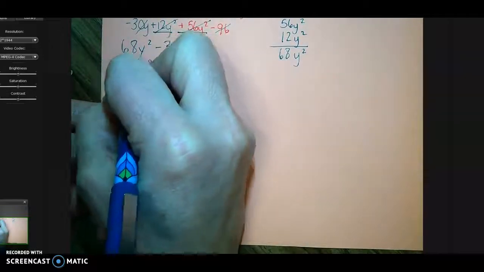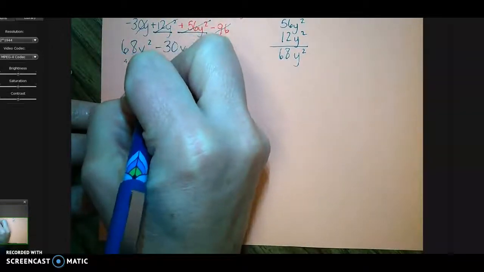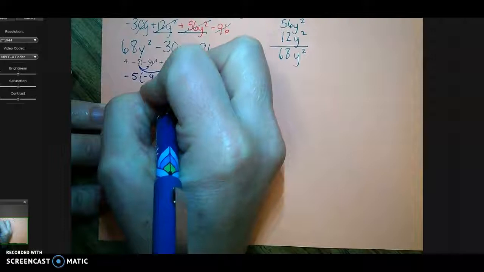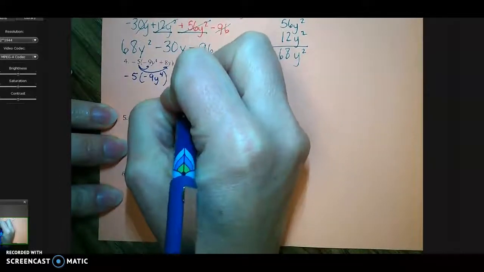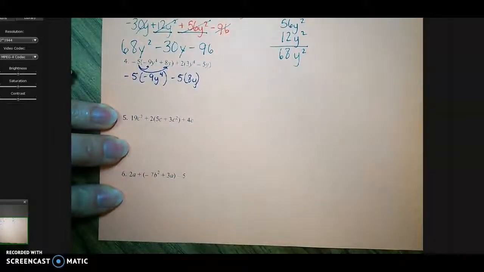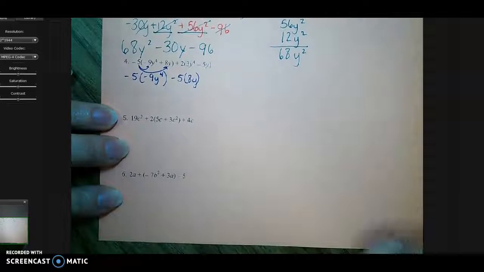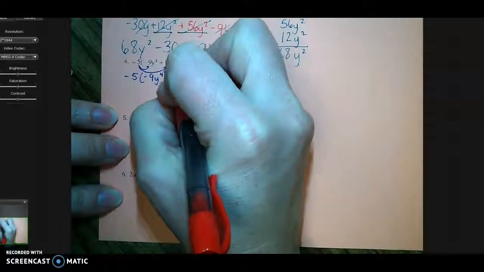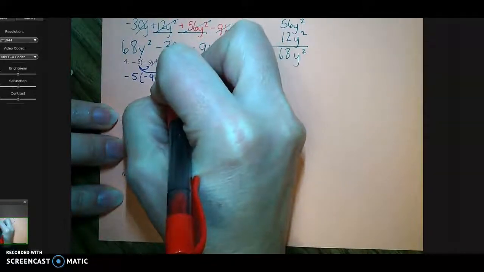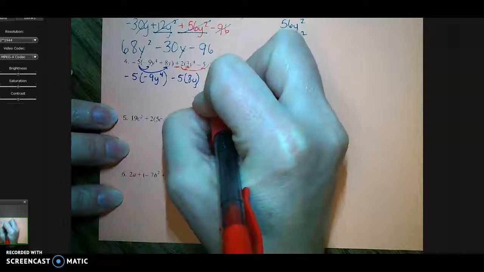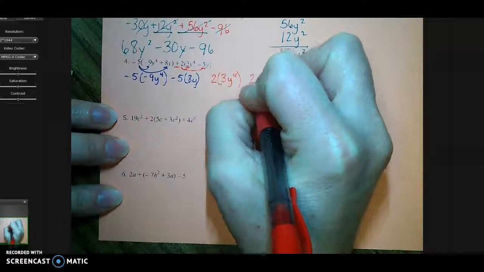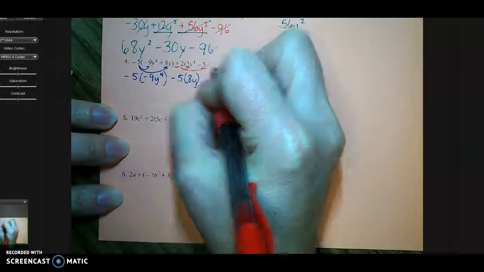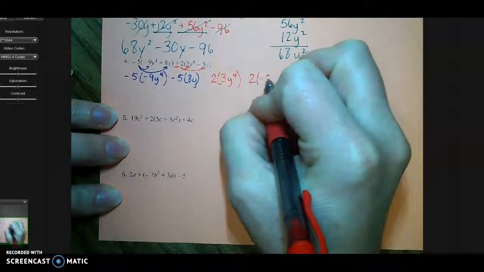So once again, I'm going to distribute from below. I've got -5 times -9y to the 4th, and I've got -5 times 8y. I then have, alrighty, and then I'm going to do, remember, it's a positive 2 this time that I'm passing out, so I have 2 times 3y to the 4th. And I have 2 times, and I think of it as negative 5y.